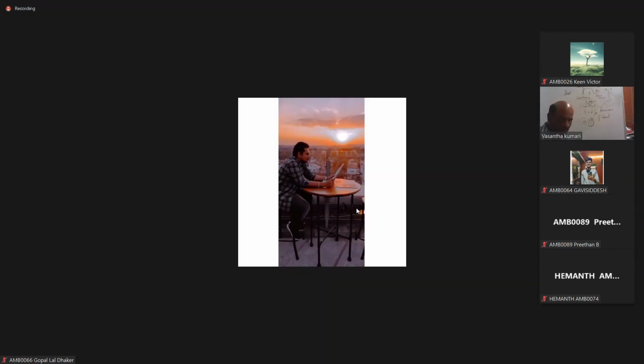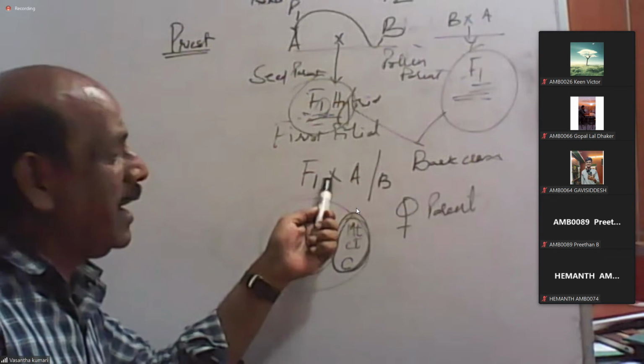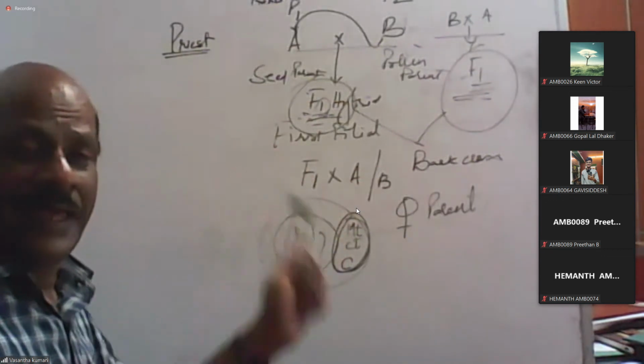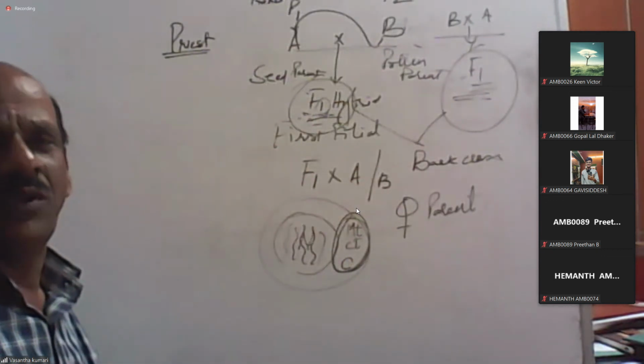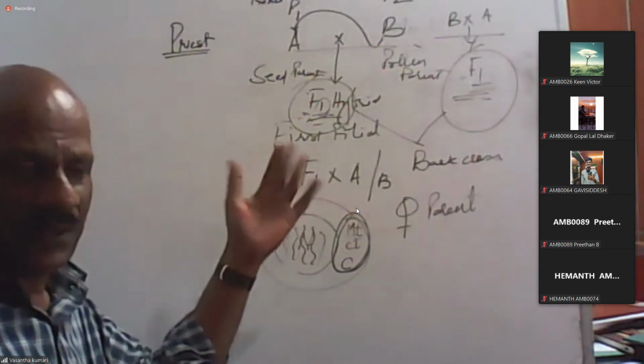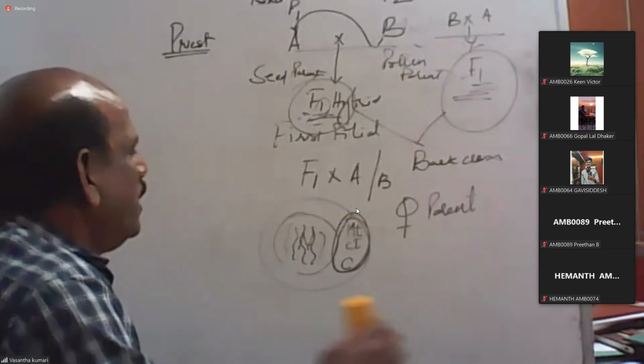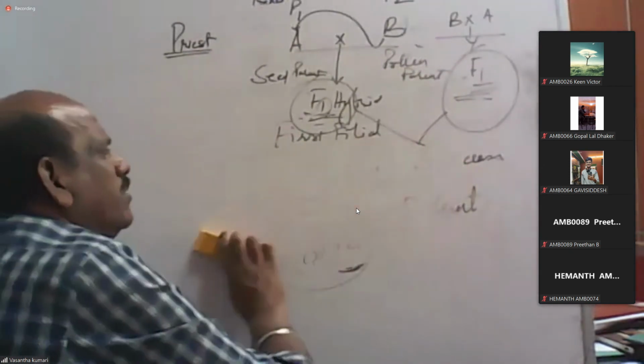No, sir, you cannot. But the progeny derived from a backcross or a test cross will enable a geneticist to phenotype the gametes. You can predict the phenotype of the gamete. We'll discuss that a bit later. That's the purpose of backcross and test cross.